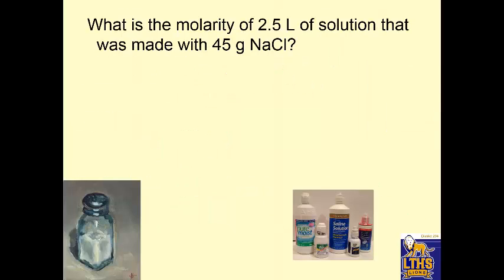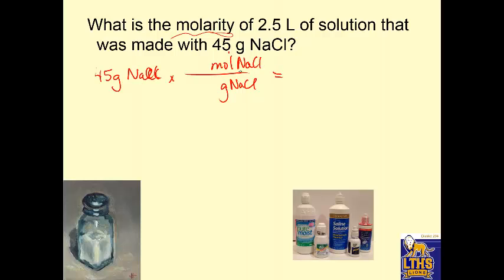Okay, so if I want to find out the concentration or molarity of a solution that's 2.5 liters, and it has 45 grams of salt in it, then I have to figure out how many moles are in those liters to find the molarity. So 45 grams of NaCl times grams of NaCl to moles of NaCl.